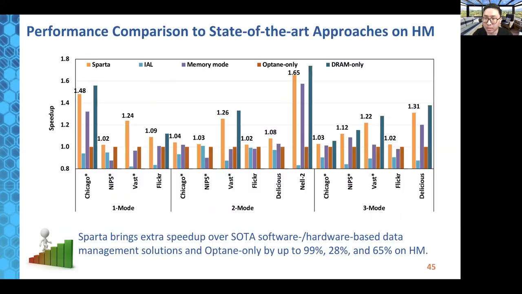With our proposed algorithm and memory heterogeneity aware data management, Sparta brings extra performance improvement on the heterogeneous memory with DRAM and PIM over a state-of-the-art software-based data management solution, a hardware-based data management solution, and PIM only by up to 98%, 28%, and 65% respectively.